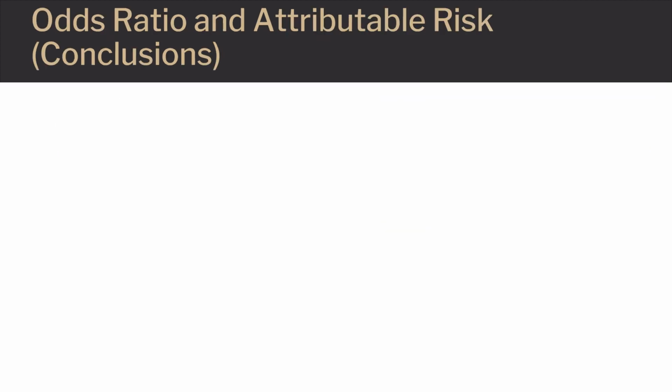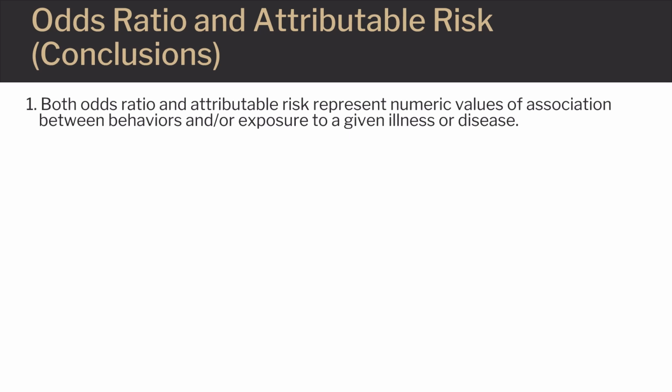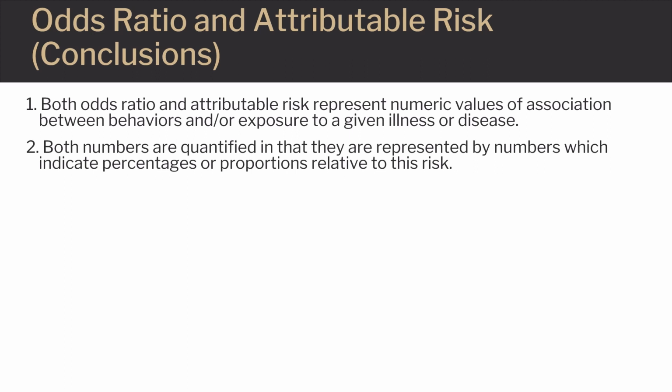This slide highlights general comparisons between odds ratios and attributable risk. Both measures quantify strength of associations between behavioral risks and the likelihood of developing or resulting in a specific disease or condition. Both of these measures are quantified calculations, meaning that they are represented by numbers each expressing that association.